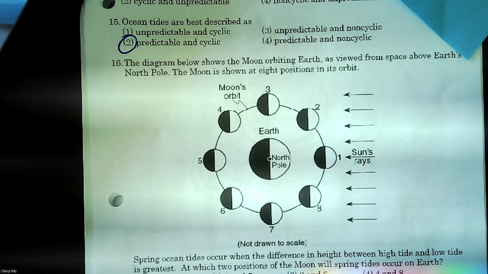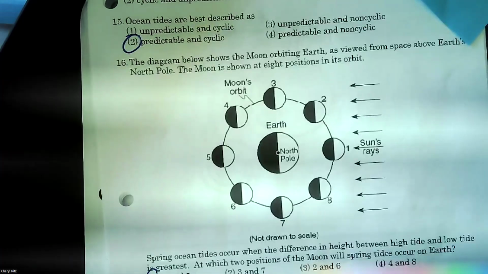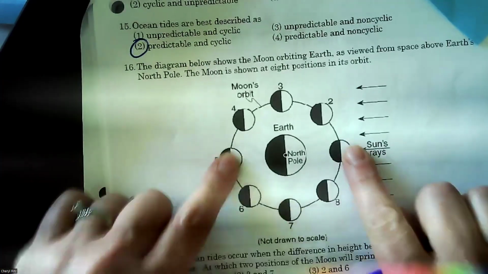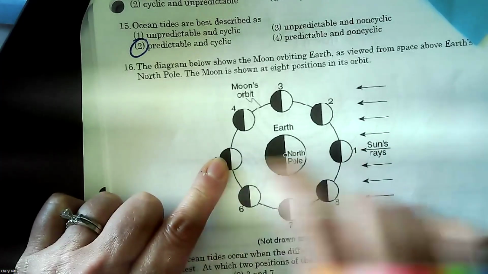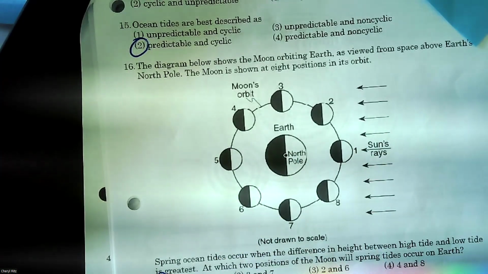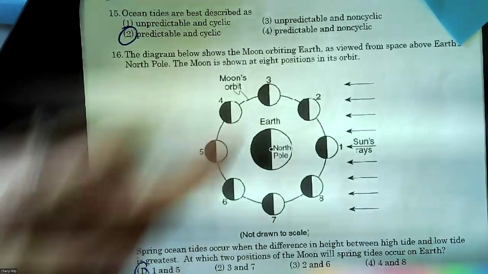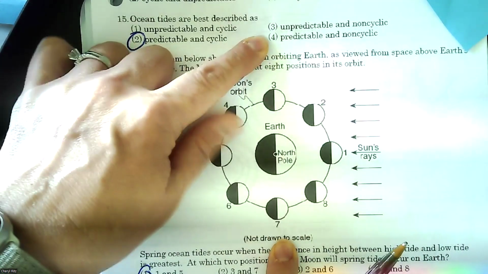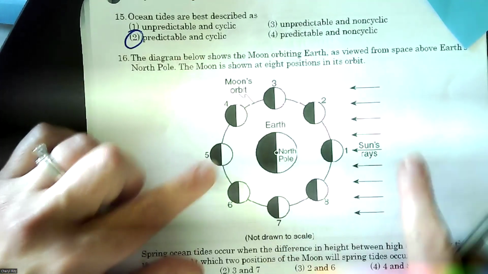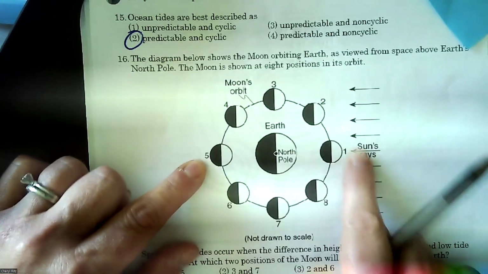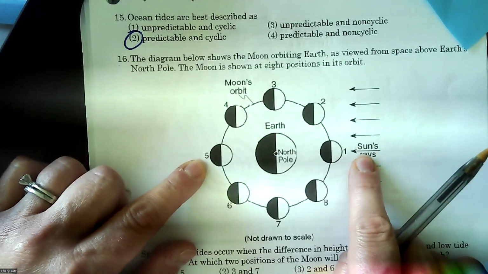Spring tides, highest high tides, lowest low tides. You are answering number 1, which is perfect. Look, they are 1 and 5 because they line up perfectly. 3 and 7, those will be the neap tides. The difference is the sun's getting in on the action for the spring tide. I did forget to mention that.